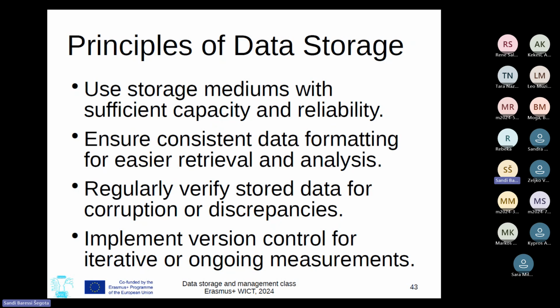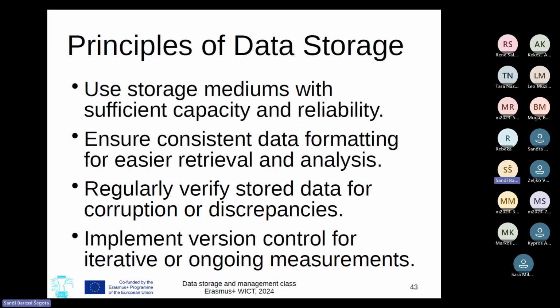And another thing is you want version control. So there are a lot of version control software out there, such as Git or SVN, that will allow you to track any changes that are happening. So you can go back.